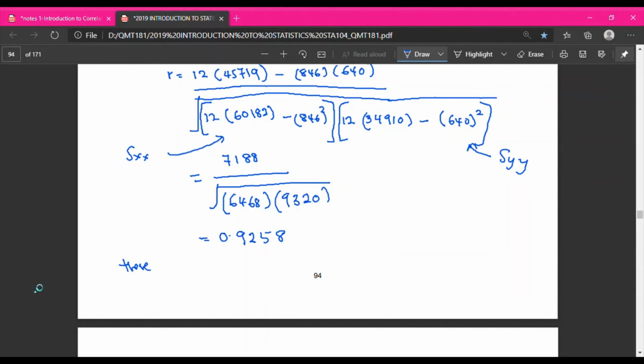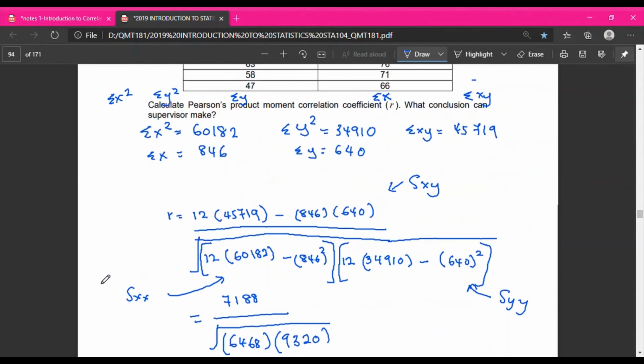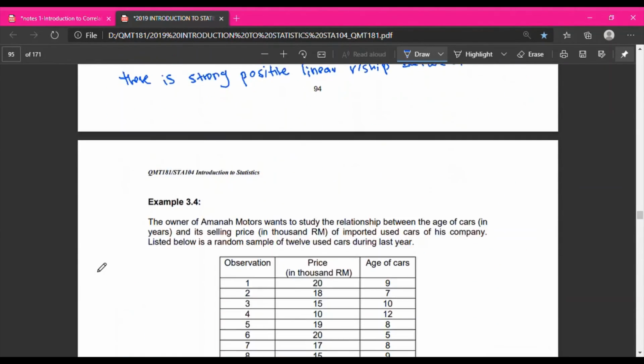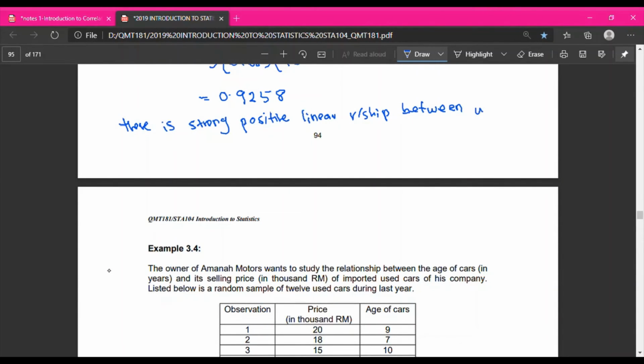There is a strong, positive, linear relationship between unloading time and temperature.